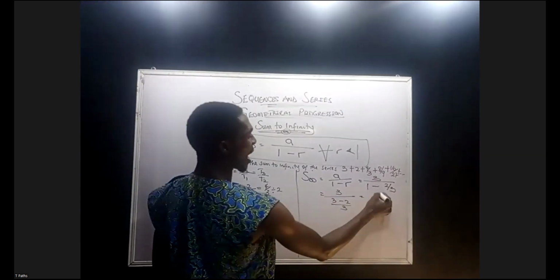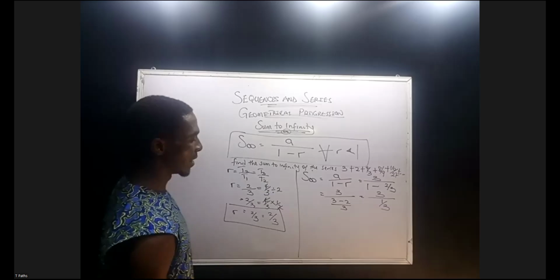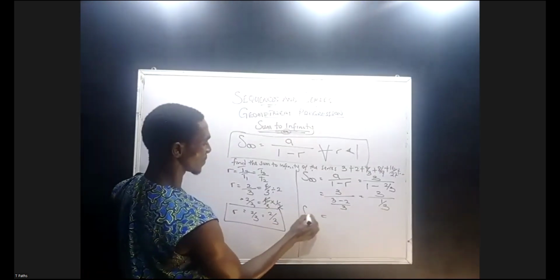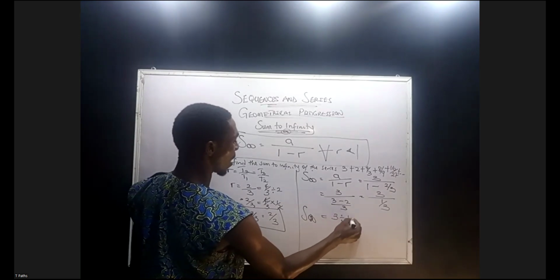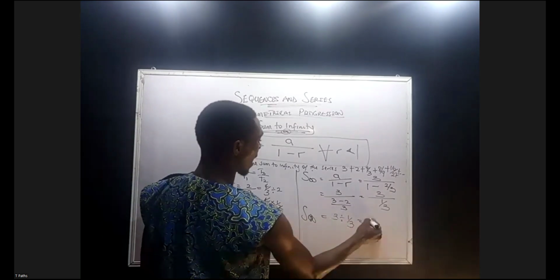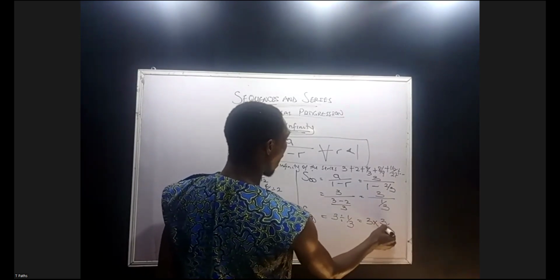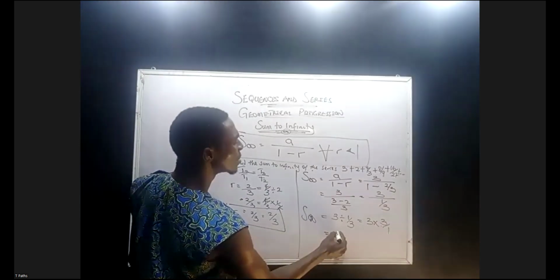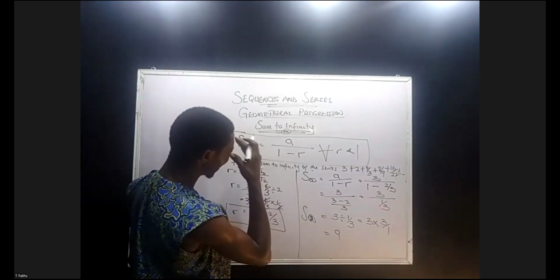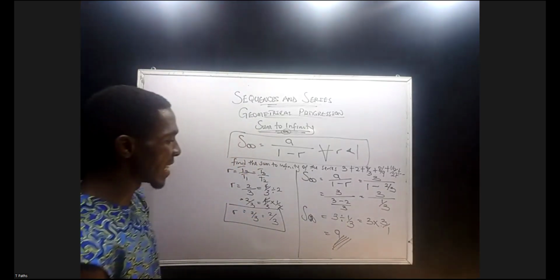So finally, I have 3 divided by 1 over 3. Then my sum to infinity equals 3 divided by 1 over 3, which is the same as 3 times 3 over 1. Then the final answer ends up giving us 9. 3 times 3 is 9. So sum to infinity for this question is 9.